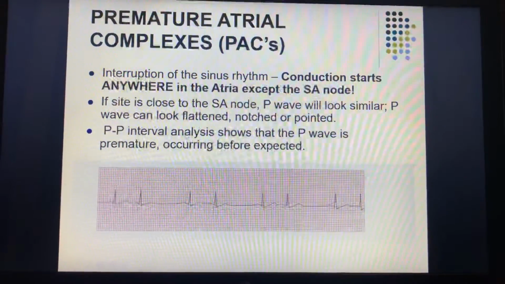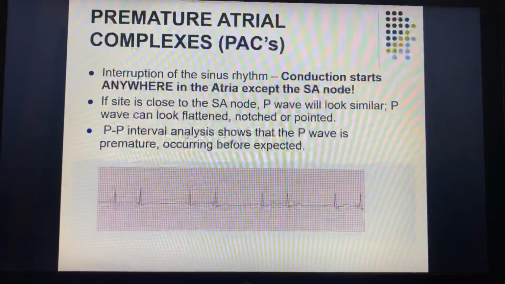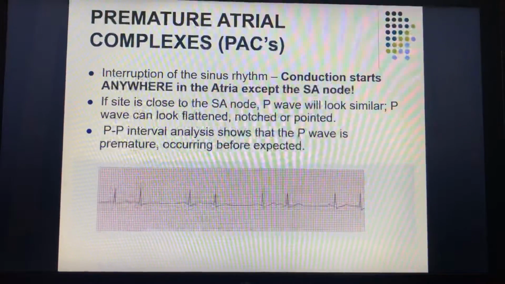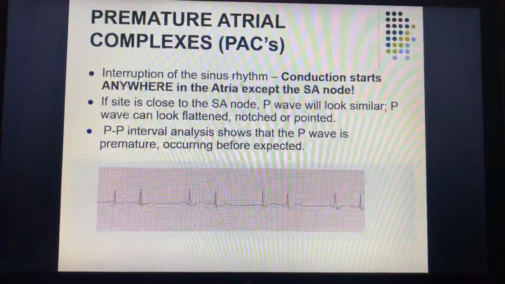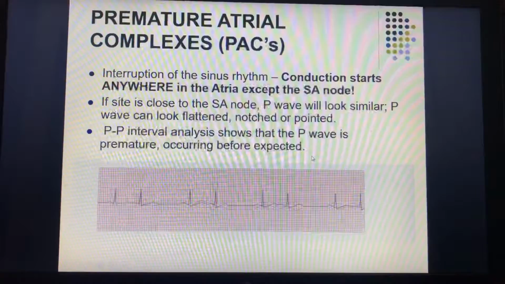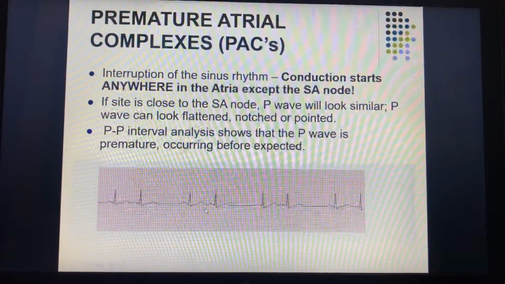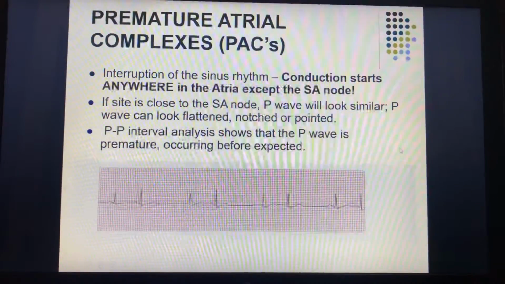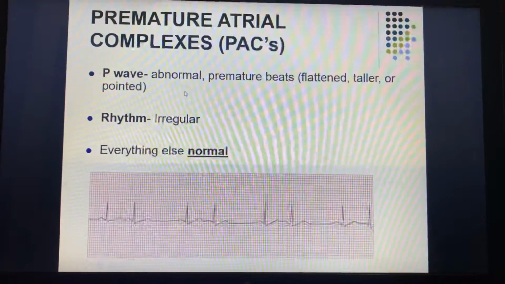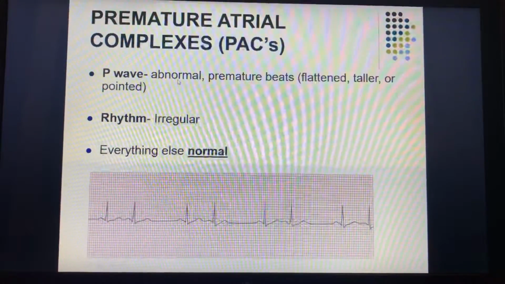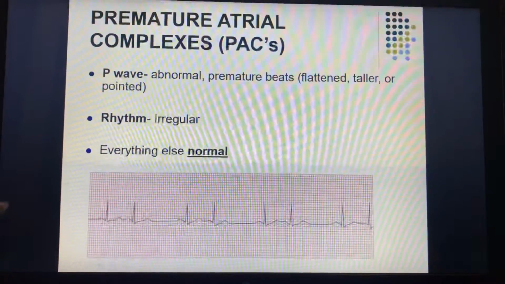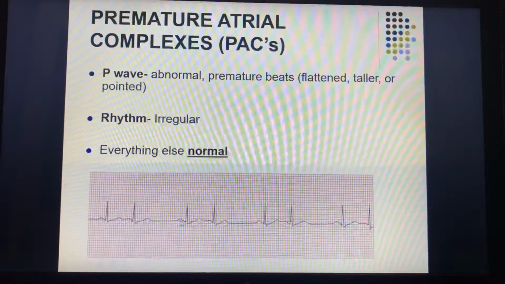Again, conduction starts anywhere in the atria except the SA node. These are called your PACs, your premature atrial complexes. You see how funny they look there? They're all spaced out. So, your P wave is absolutely abnormal, premature, flat and tall or pointed. You see these?